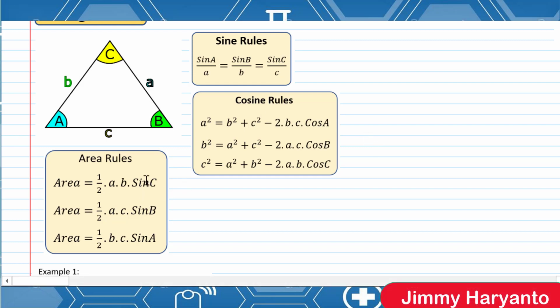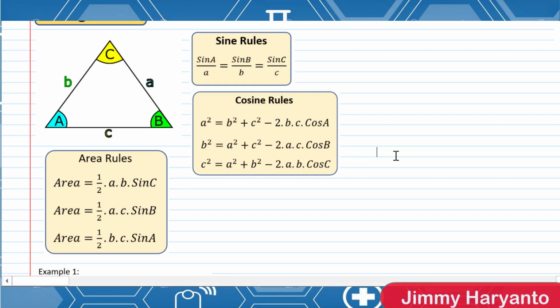So the area is half times a times b times sine C. Area equals half times a times c times sine B. These formulas are all the same, so you only have to memorize one of them. But for the cosine rule and area rule, you have to know how to use them.